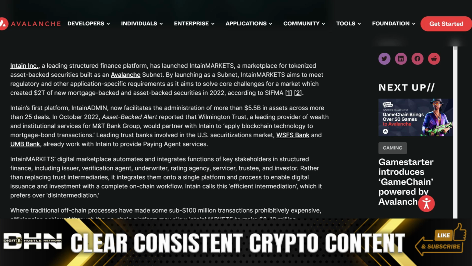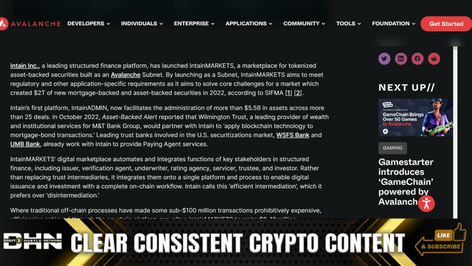So in the discussion of tokenized financial markets, Avalanche has been working on these types of products for a couple of years now, which is interesting to see. This is also interesting too. Intain's initial platform, Intain Admin, which now facilitates more than $5.5 billion in assets, they reported that Wilmington Trust, a leading provider of wealth and institutional services for M&T Bank Group, would partner with Intain to apply blockchain technology to mortgage bond transactions.